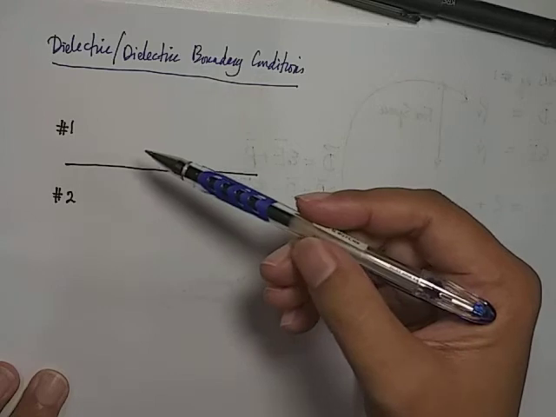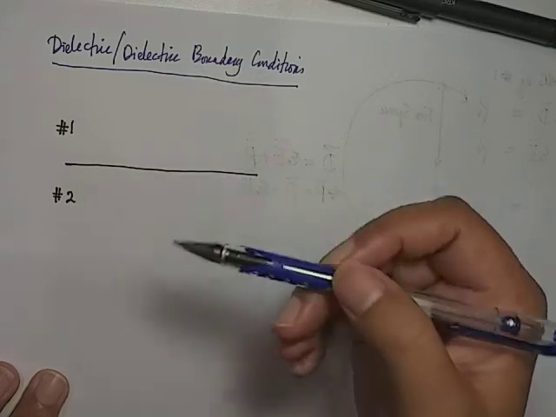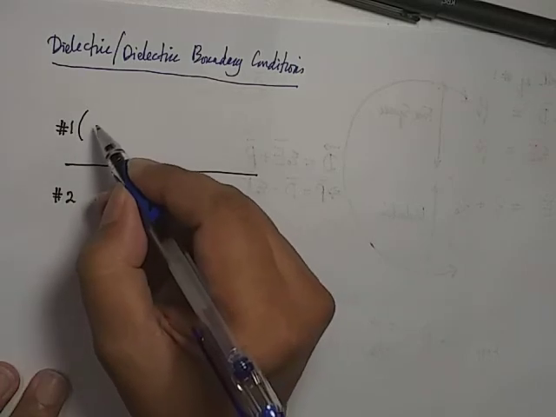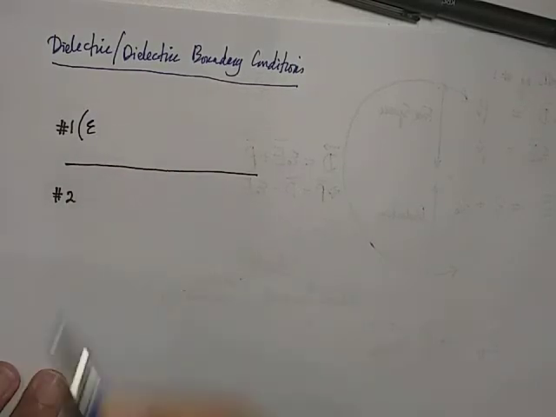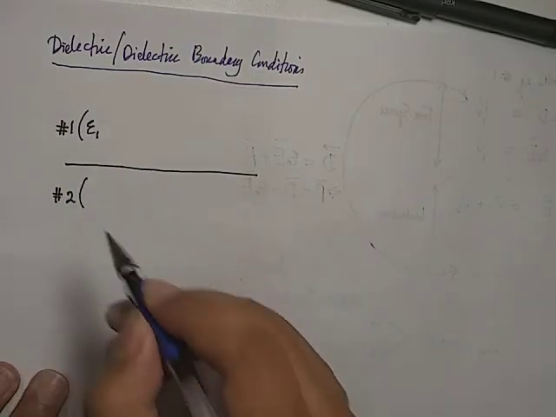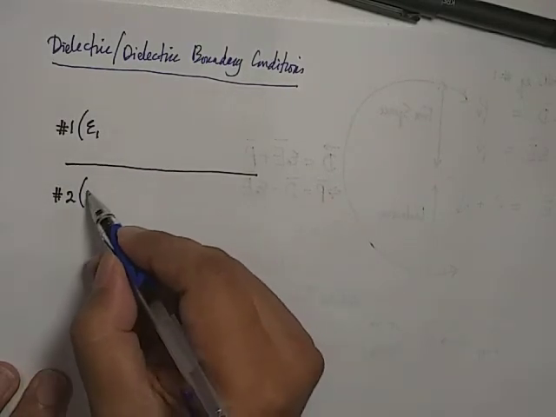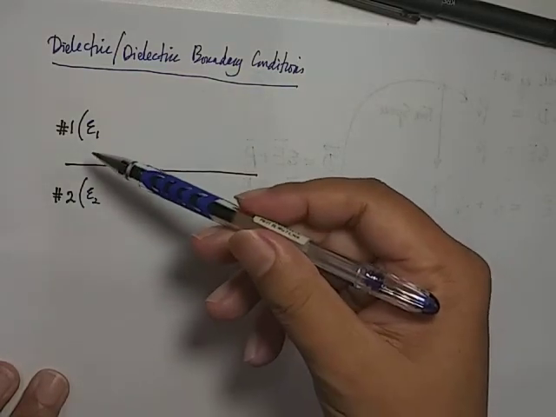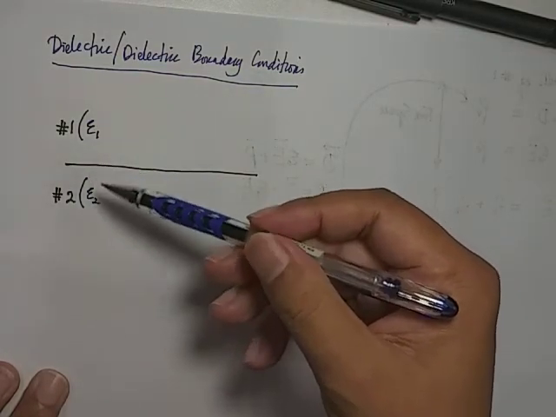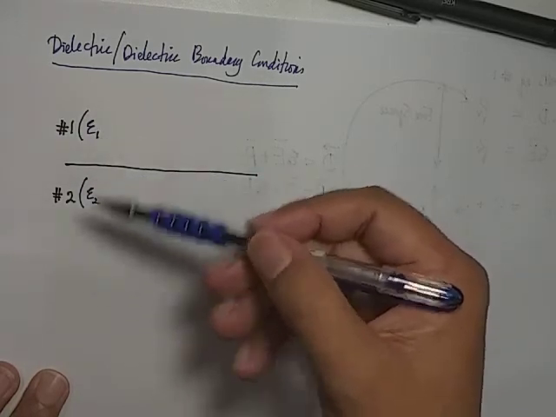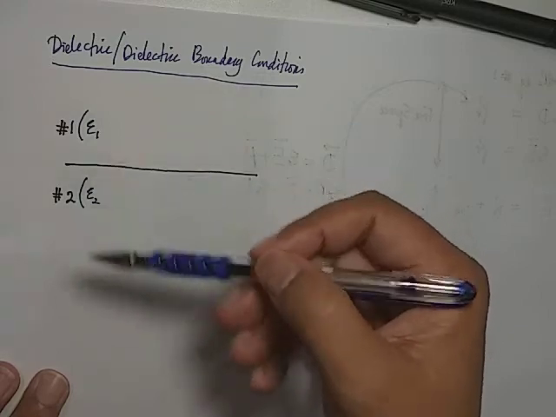So the way we're going to represent a dielectric, using the parameter that we just talked about, epsilon, I'm going to denote that to be epsilon 1, and the bottom region to be epsilon 2. So by seeing this represented in our diagram, we know that these two regions have different dielectric materials.